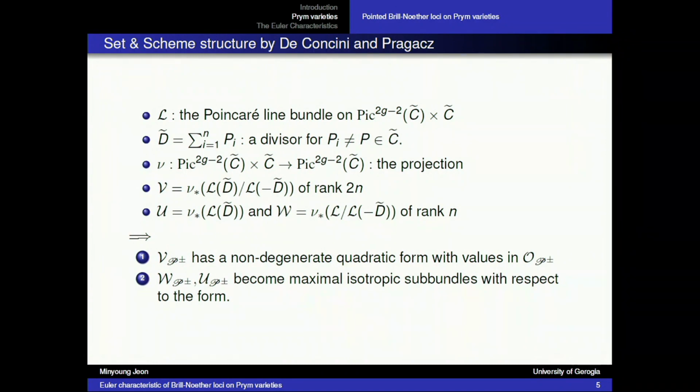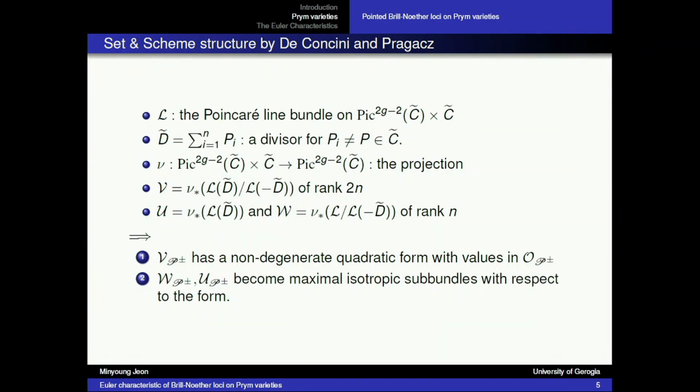Isotropic means the form vanishes on this vector bundle, and maximal means the rank of the vector bundles W and U is just half of the rank of the ambient vector bundle of rank 2n.